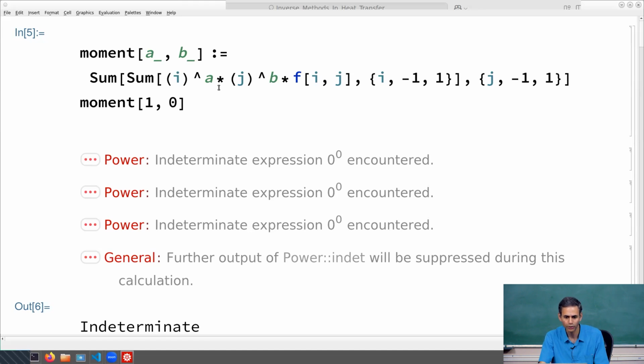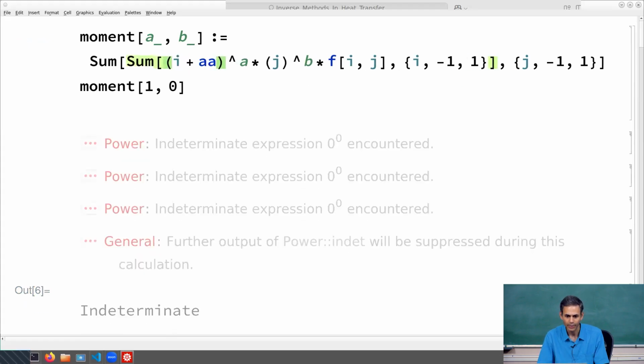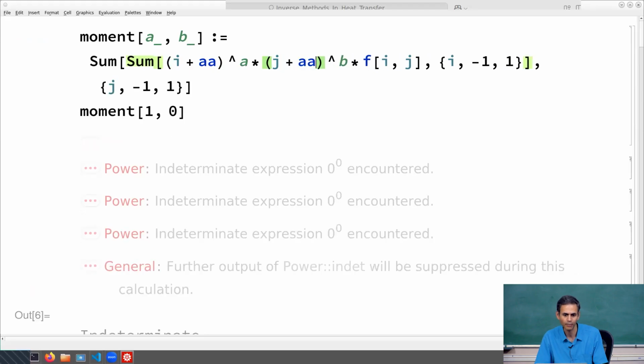So we use a small trick here. Let's add some small parameter, some temporary value aa. We are not raising 0 to the power of 0, rather we are raising some small value to the power of 0, and then we tell Mathematica that this value tends to 0, it's a small value.